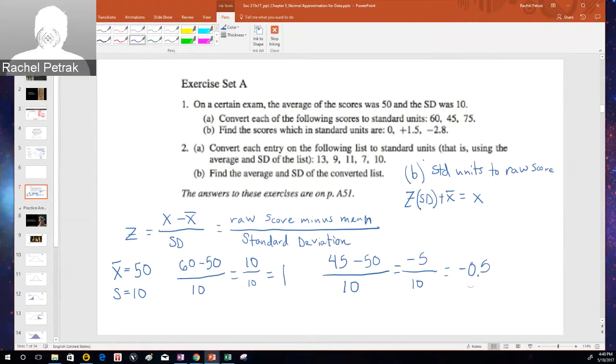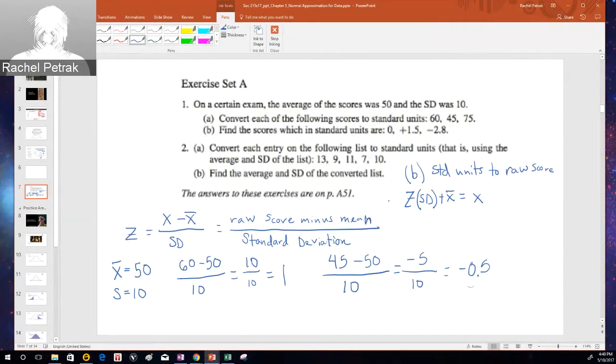Well, this one should be quite obvious. I'm surprised there's not more cheers out there, because, thank you, Stephen, it's 50. If you have a z-score of 0, it's always equal to the mean. In this case, the mean is 50. So we already know this one is 50.